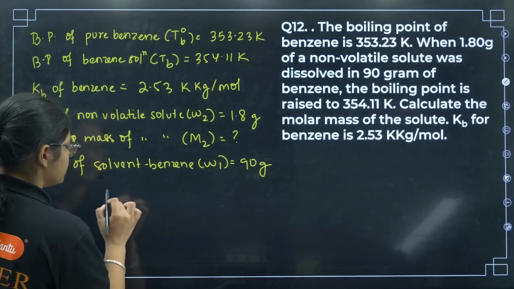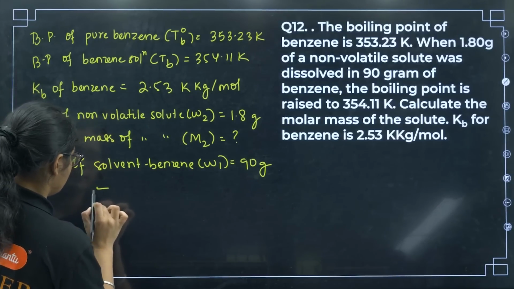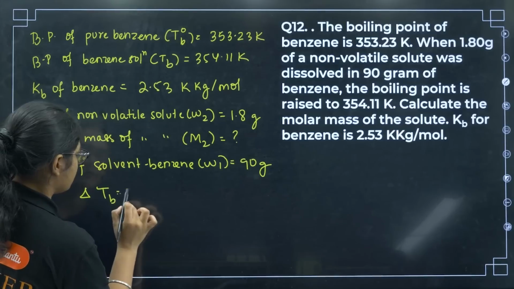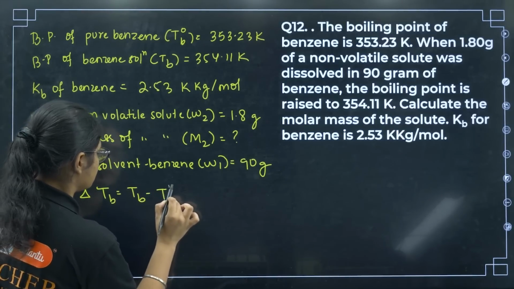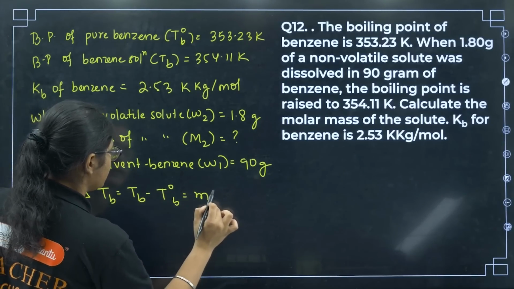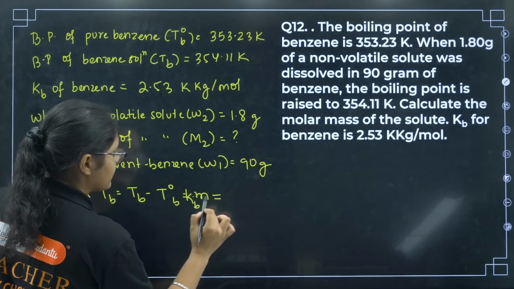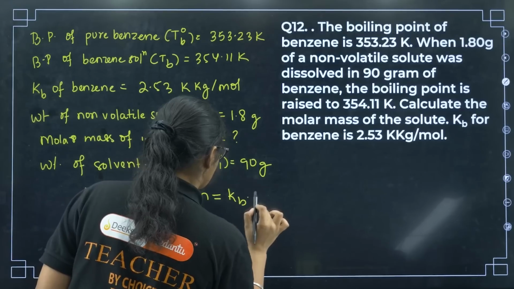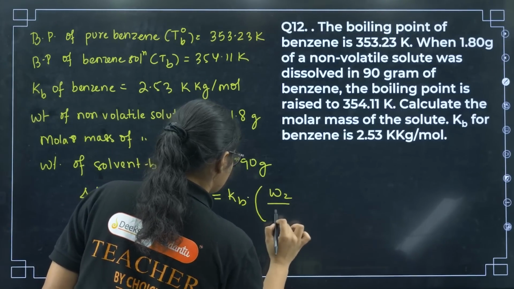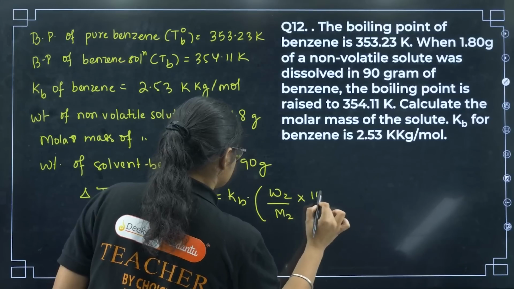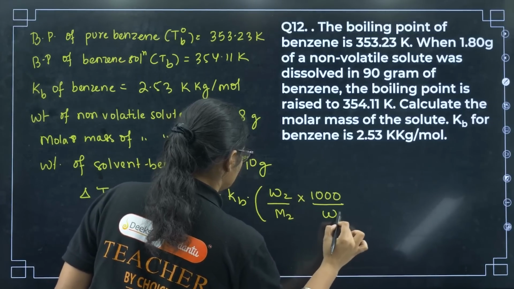Okay, now I know this formula, delta TB is equal to TB minus T naught B is equal to Kb into molality, and for molality I can write W2 by M2 into 1000 by W1.